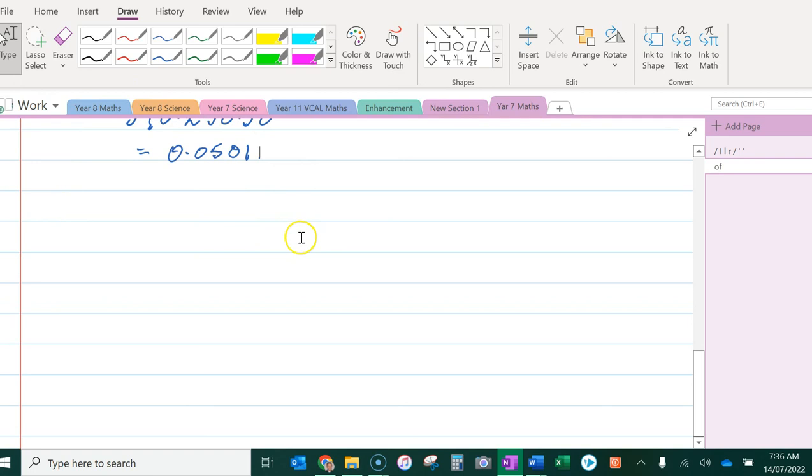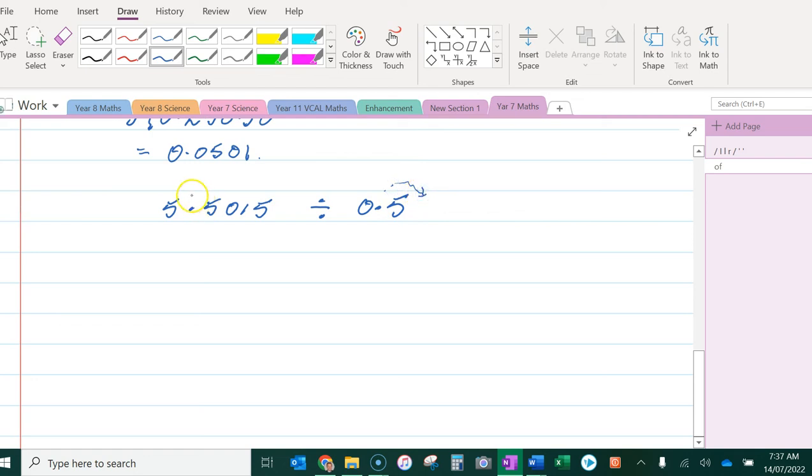Okay? What we need to have a look at is dividing a decimal by another decimal. So we have 5.5015 divided by 0.5. What I need to do is make the 0.5 a whole number. So I'm multiplying by 10, or moving the decimal point one place.